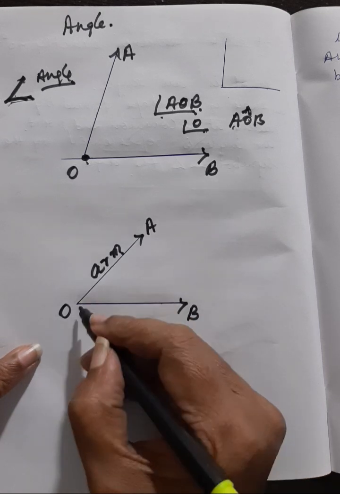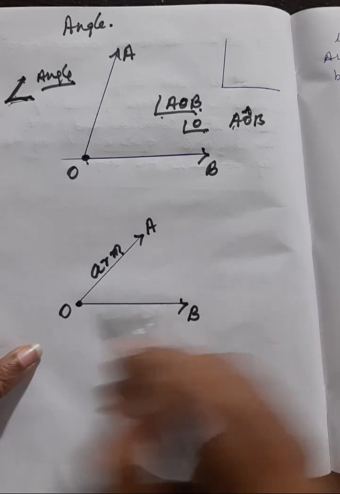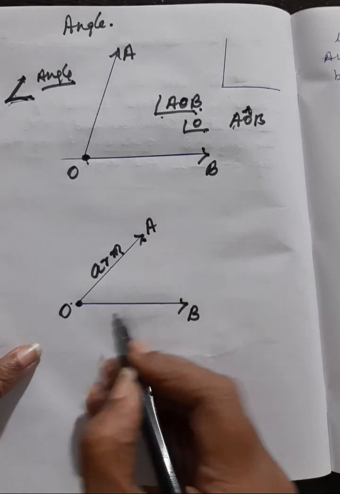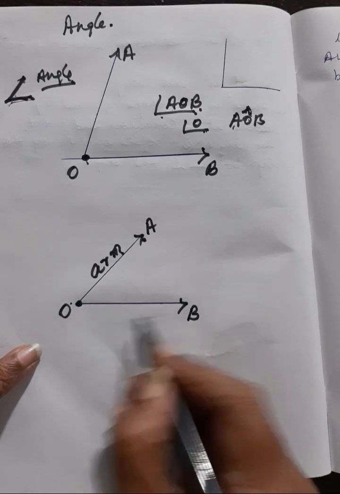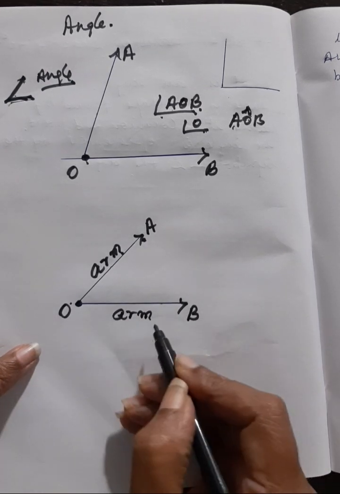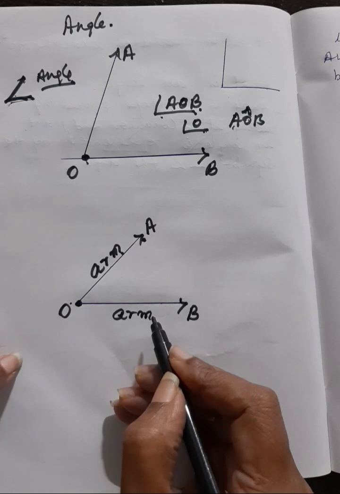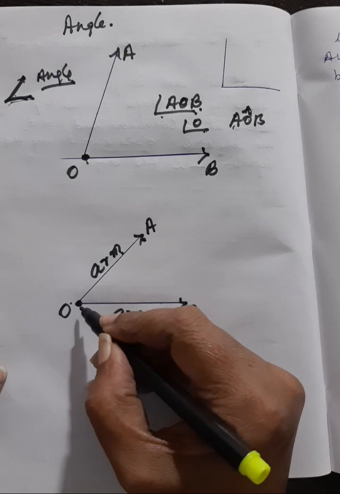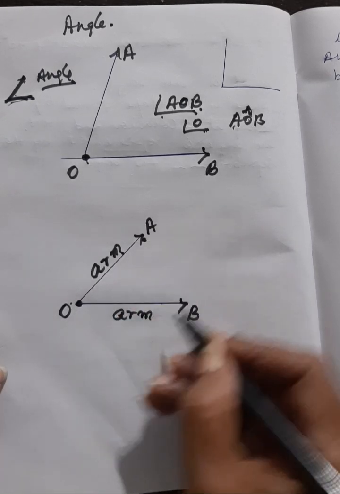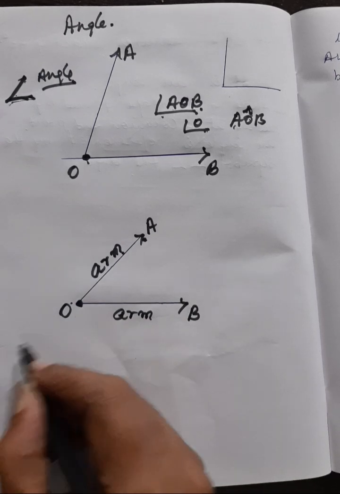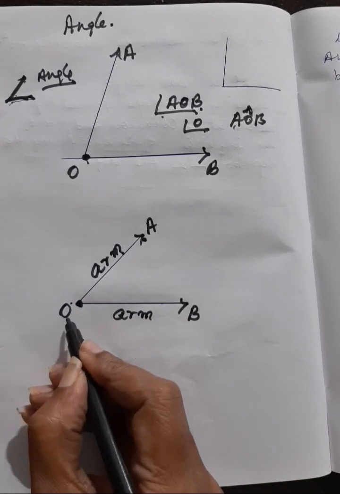Now common point. So OA is arm, another arm is OB. Understood? Next, after that, this we call it as a vertex. This is common end point of these two rays. So O is a common end point.